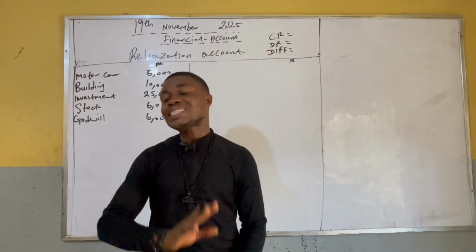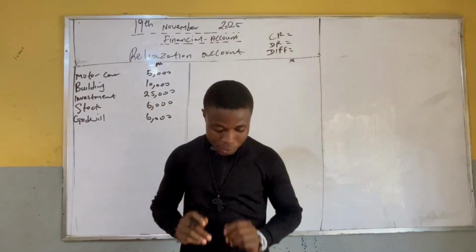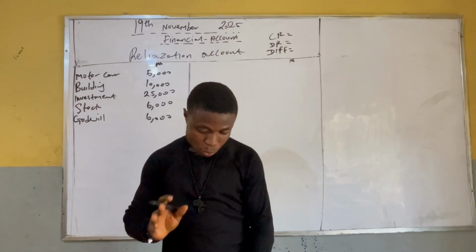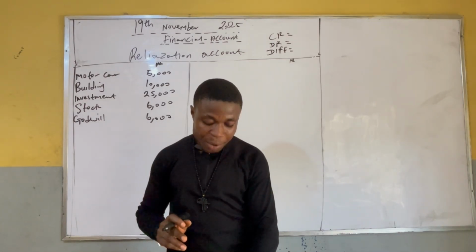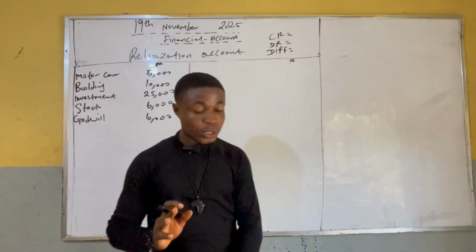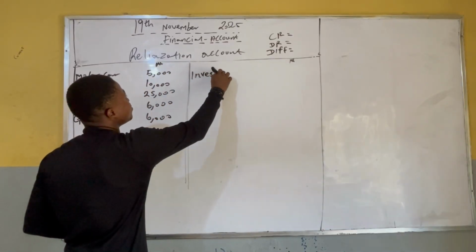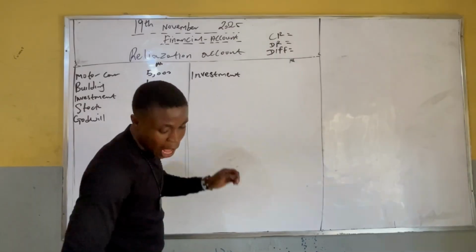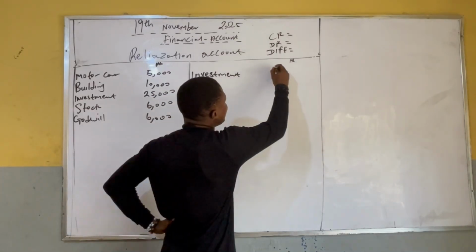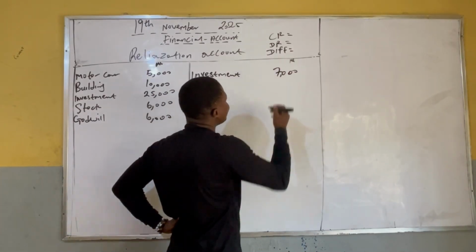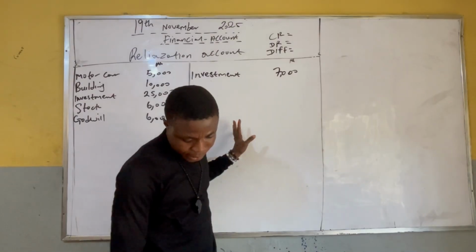That is business taking over. Let's leave that one first. Let's go to number 2. The investments were sold. How much is investment sold? 7,000 naira. We are done with that.